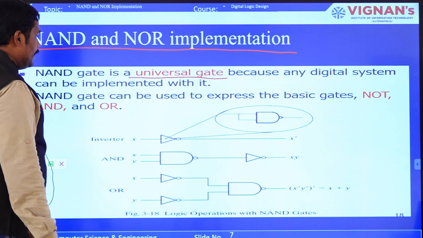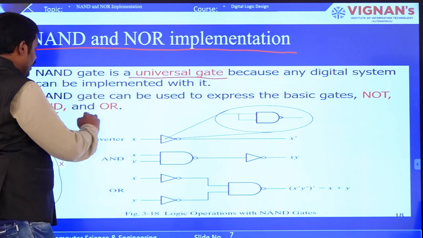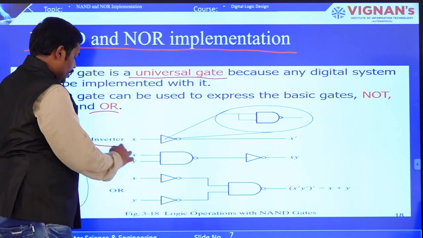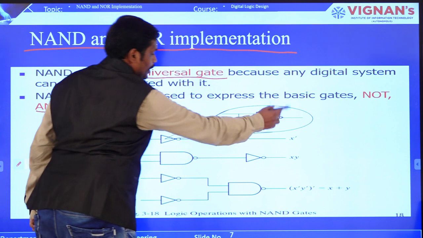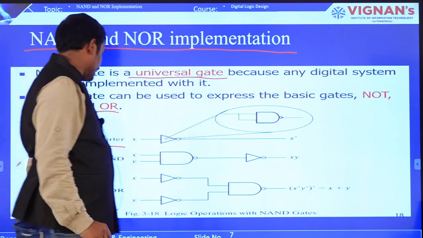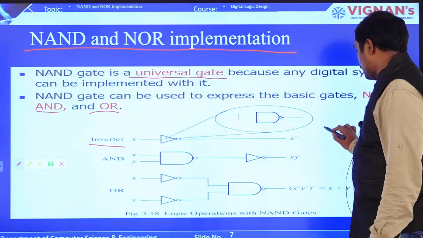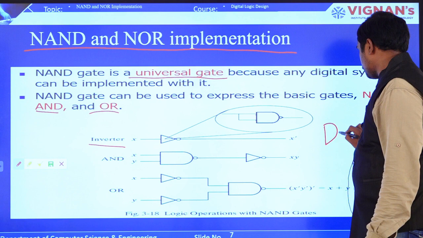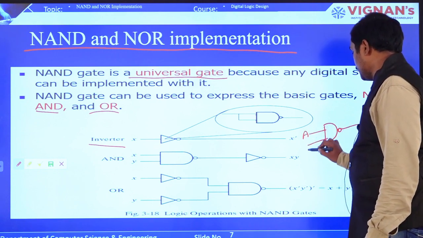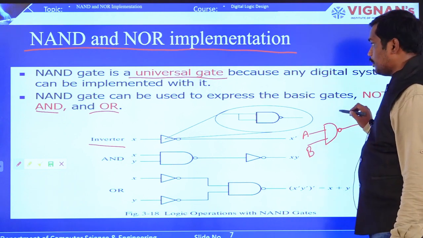So now the NAND gate can be expressed in, as we have already seen, NOT, AND and OR, right? So this is how you are going to express. So here the inverter, which is the NOT gate, is expressed with NAND, and then AND is expressed with this particular category, which means, for example, if you want to have an AND, so here it is A, it is B. So what will be the output for this particular NAND?